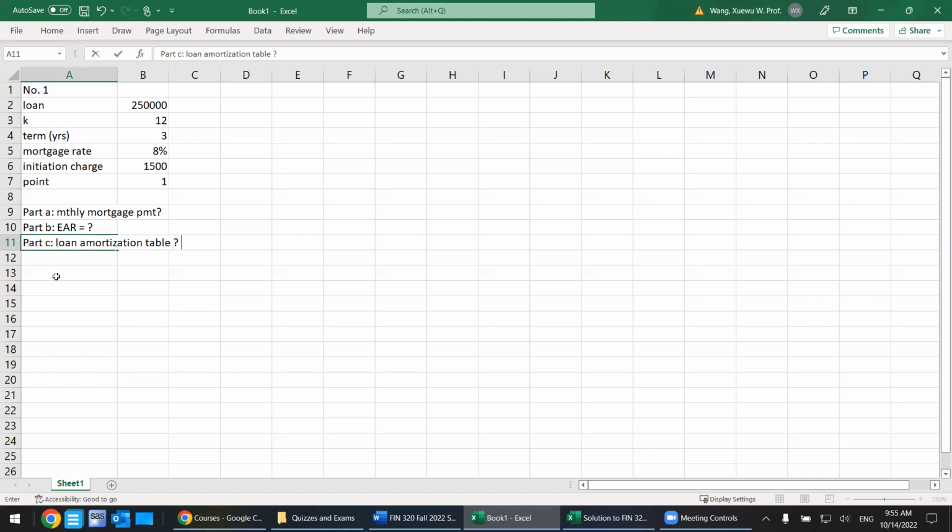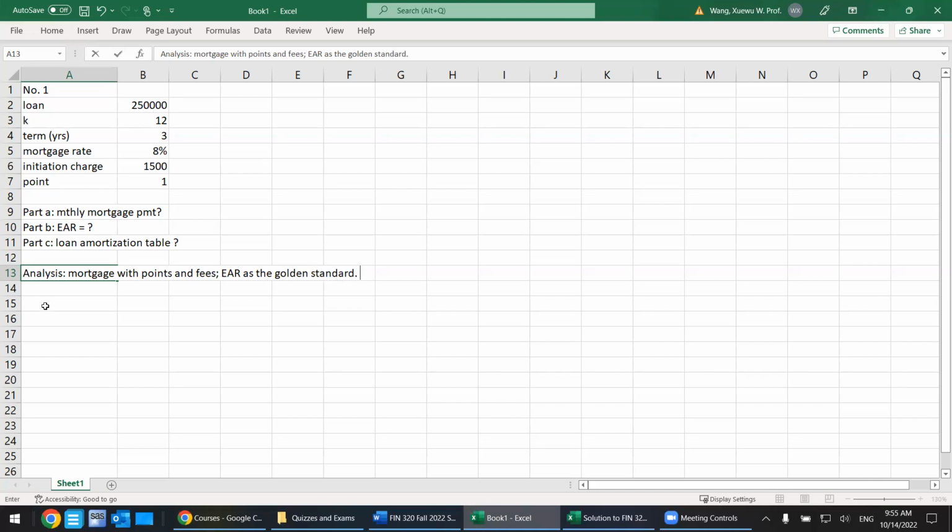These are the questions, and our brief analysis is, this is a mortgage with points and fees. So we're going to apply EAIR as the golden standard to measure how costly this mortgage is.